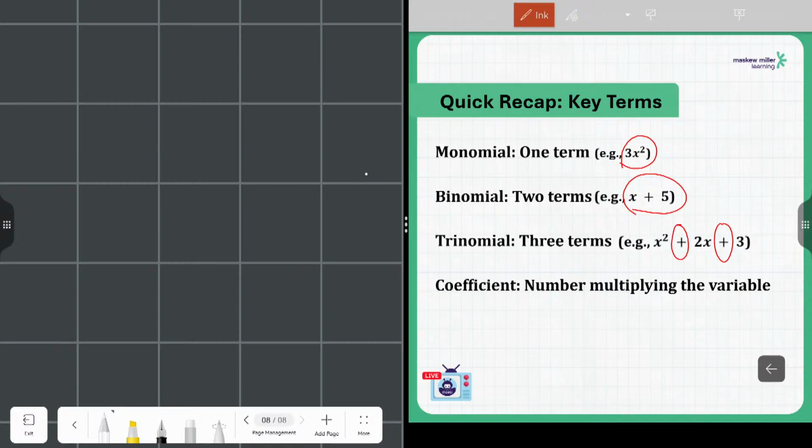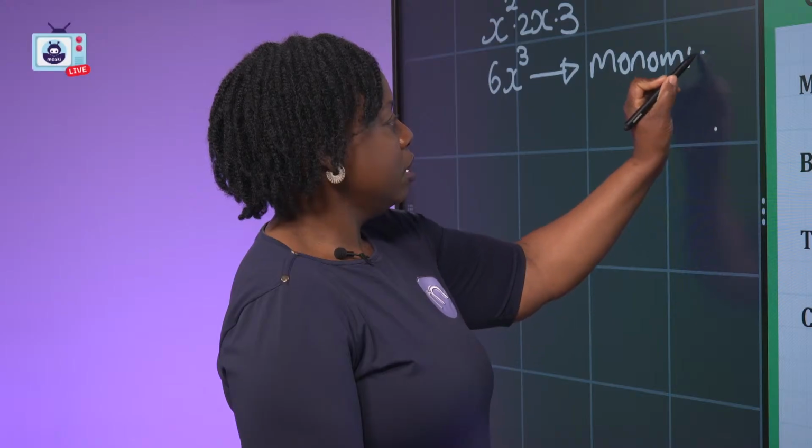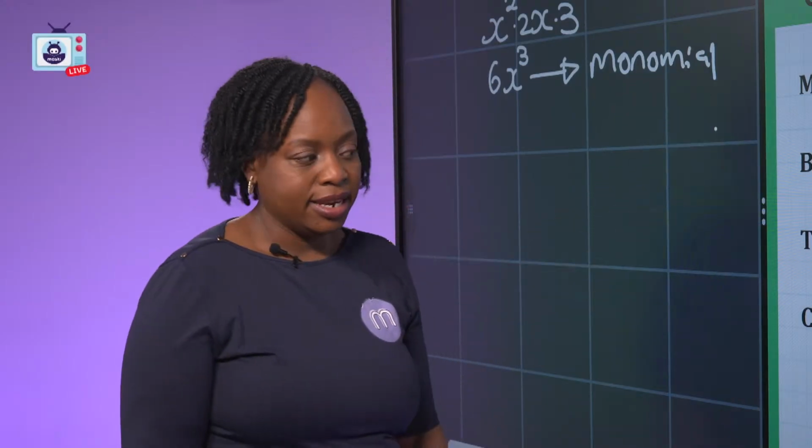But if there was no plus, and we were just having x squared times 2x times 3, which if you write it is 6x to the exponent 3, then this expression will be a monomial.